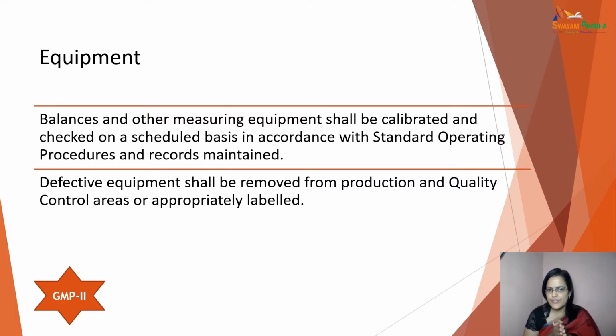That means for the balance which we are using for measuring, a routine calibration schedule should be fixed, it should be calibrated routinely, and the record should be maintained as per the SOPs for any clarification, because these records are always needed at the time of inspection, to show how you are measuring, monitoring and maintaining your equipment.